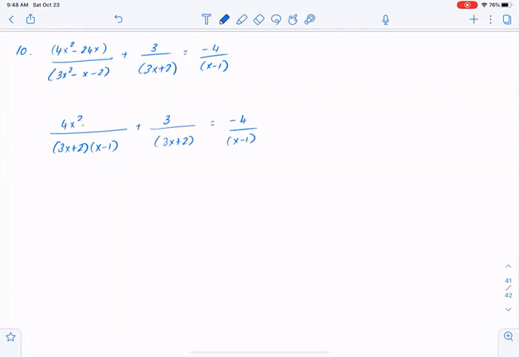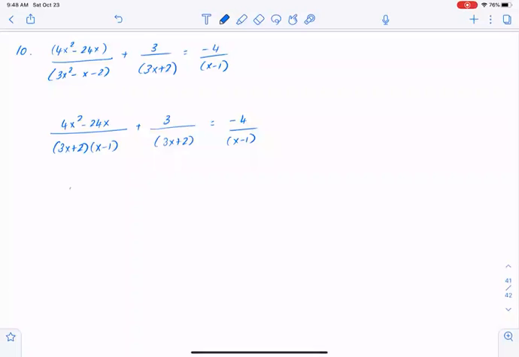Even though I see a 4x in common in 4x squared minus 24x, I'm not going to pull it out, because even if I did, it is not going to make a difference. So I'm going to keep it as is.